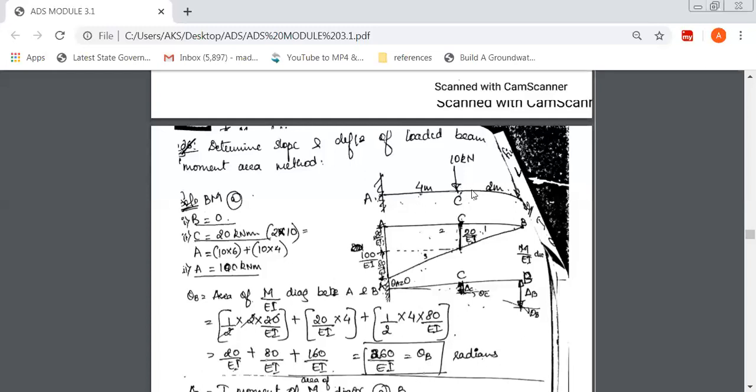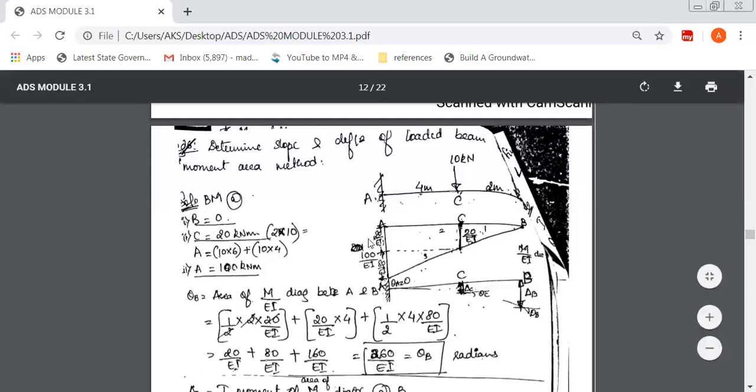So as usual, we have to again first draw the deflected shape of the beam. Obviously at a fixed support, the deflection and rotation is 0, so this is a straight line. Then this is the deflected shape of the beam. Now you can check this out. This is a vertical displacement, delta B, delta C. Then exactly at this point, when you draw the curved portion of the beam, just draw a tangent.